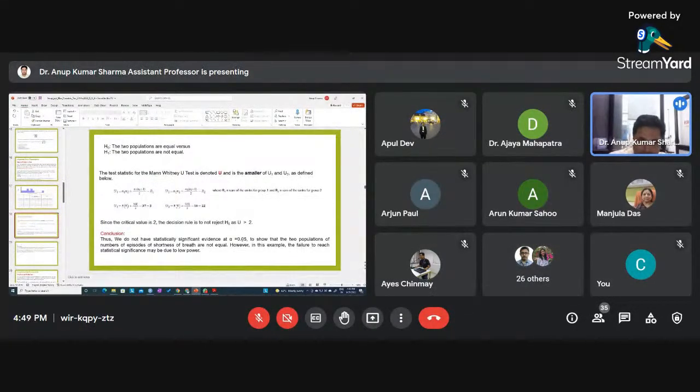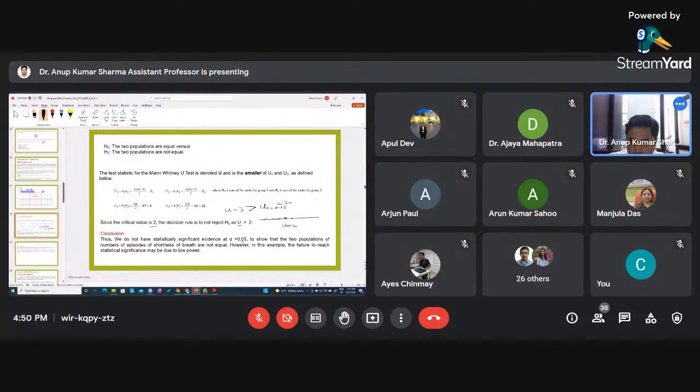So we have the critical value here. The U value, U is equal to 3, which is greater than U alpha at 0.05, which is equal to 2. This is the U alpha, and this is the critical region, and the 2 is coming here.